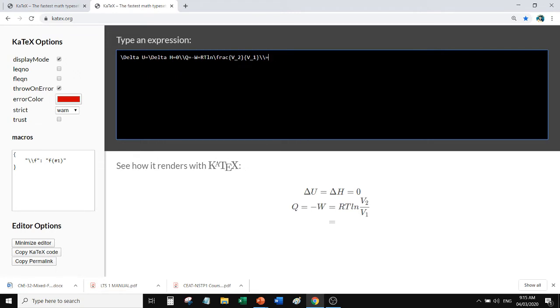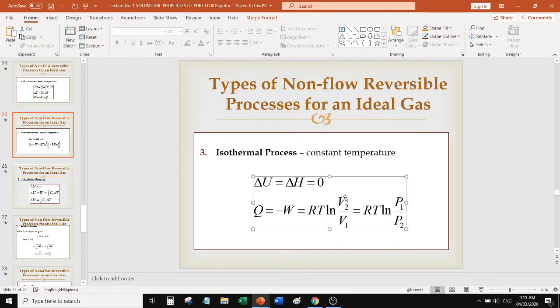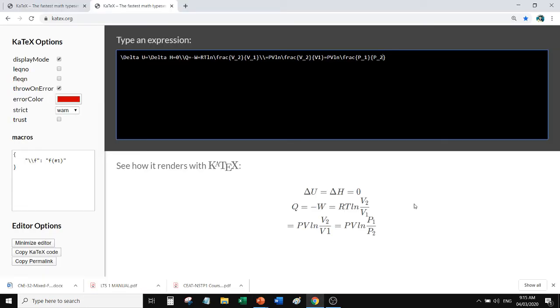So we have PV ln V2 over V1, or we can make use of this equation, PV ln P1 over P2. So either equation would be true, either in terms of V or in terms of P.